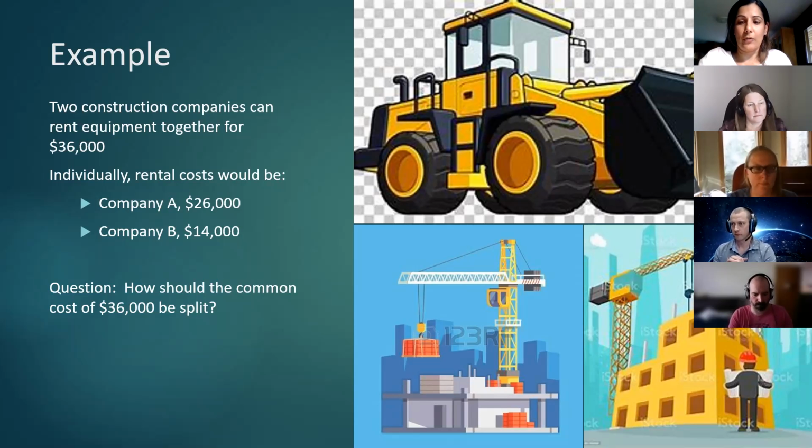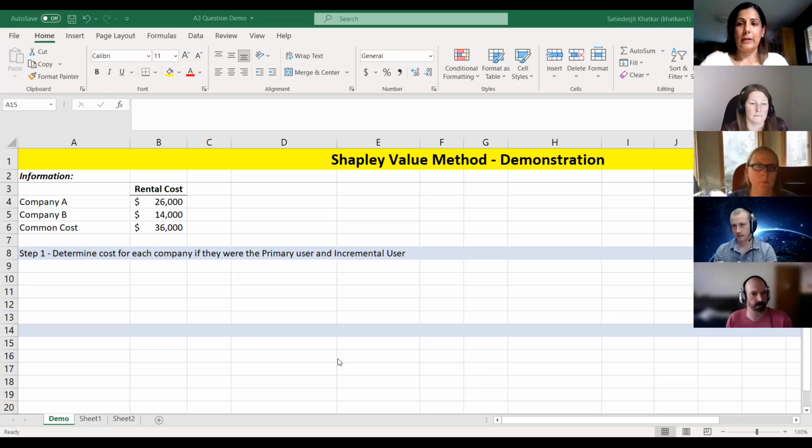So I'm just going to flip over to Excel and demo how to do the calculations and how the Shapley value method works. I like to demo everything in Excel.